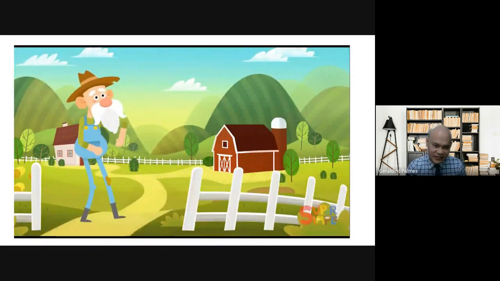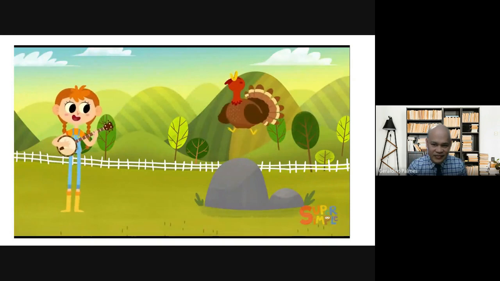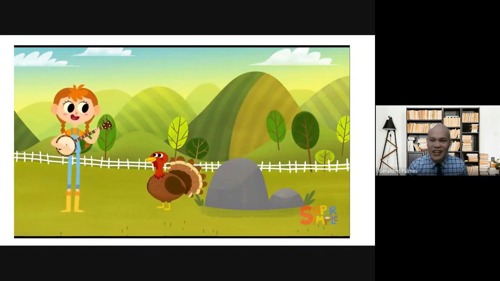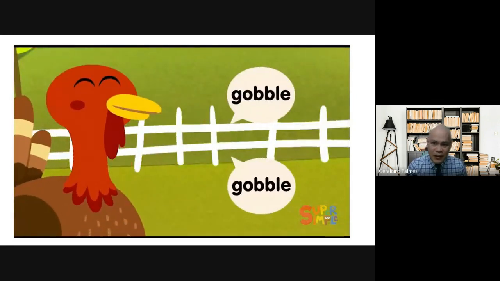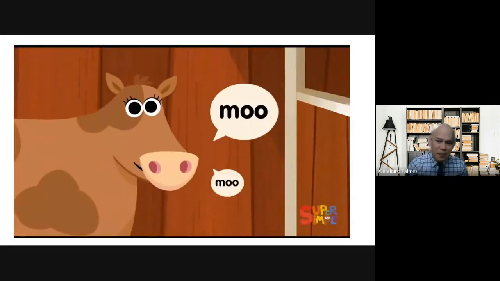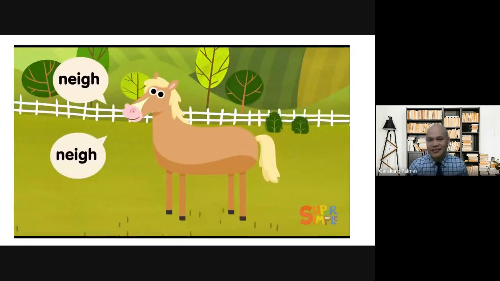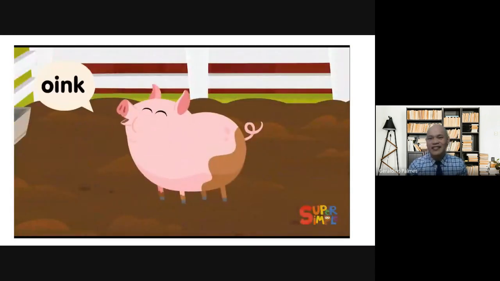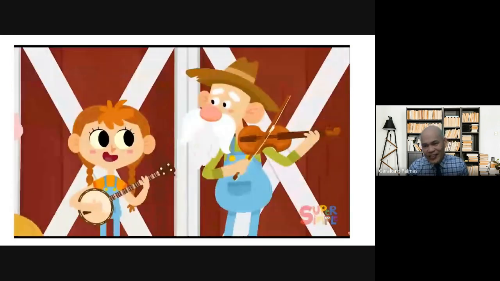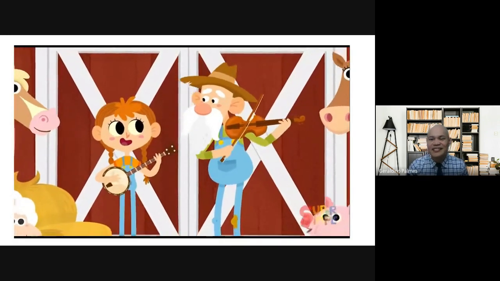Old Macdonald had a farm, E-I-E-I-O. And on that farm he had a turkey, E-I-E-I-O. With a gobble gobble here and a gobble gobble there, and a moo moo here and a moo moo there. Old Macdonald had a farm, E-I-E-I-O.